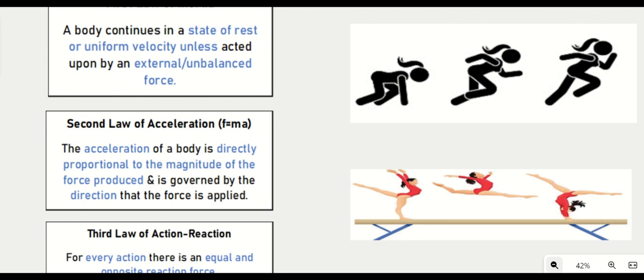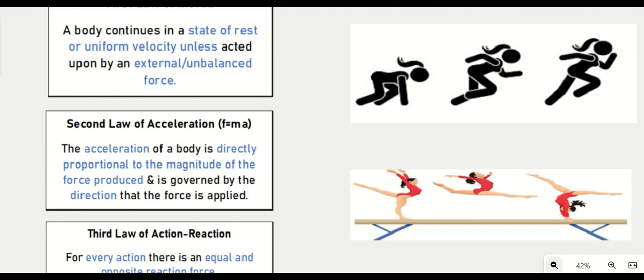So actually the only thing that's going to affect those performers' acceleration, either forwards for the sprinter or upwards acceleration for the gymnast, is going to be the force that they apply. So it says there, the acceleration of a body is directly proportional to the magnitude, the size of the force produced, and it's governed by the direction that the force is applied.